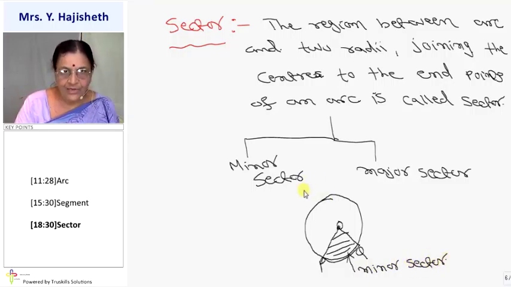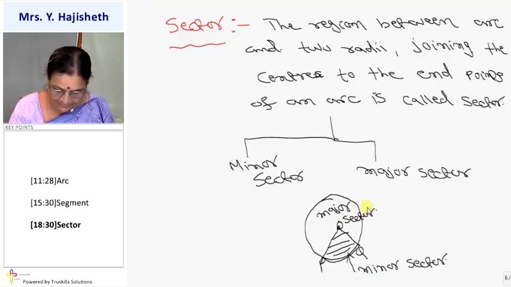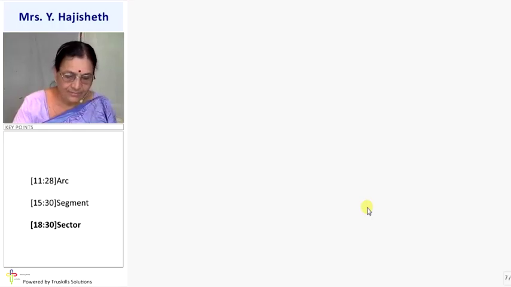And the upper one is the major sector. Clear? Major arc corresponds to major sector and minor arc corresponds to minor sector.